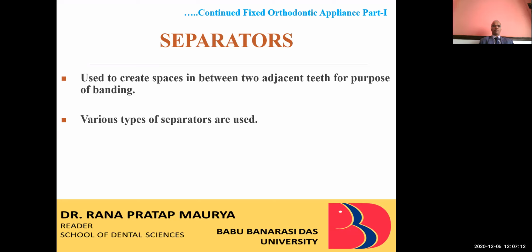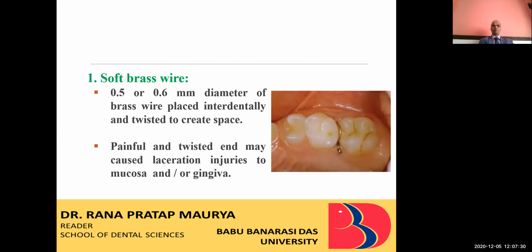The separator. The separator is used to create space between two adjacent teeth for the purpose of banding. So this is the first step for the formation of a band. For this purpose, various types of separators are used, like soft brass wire.